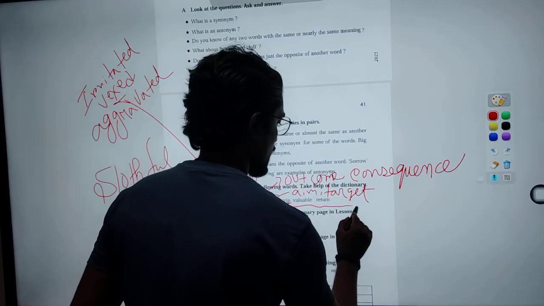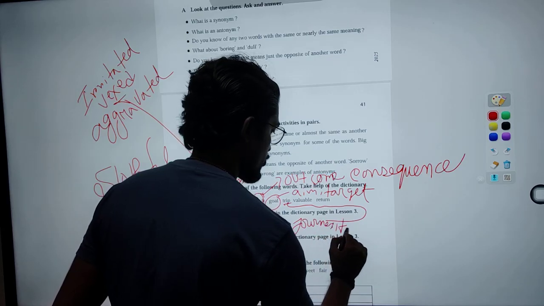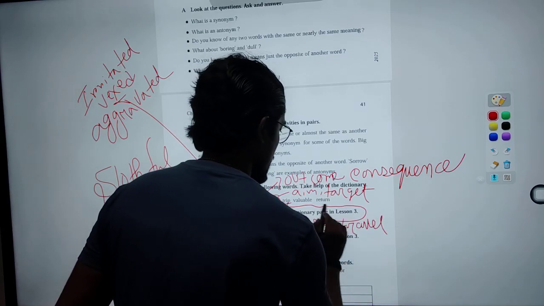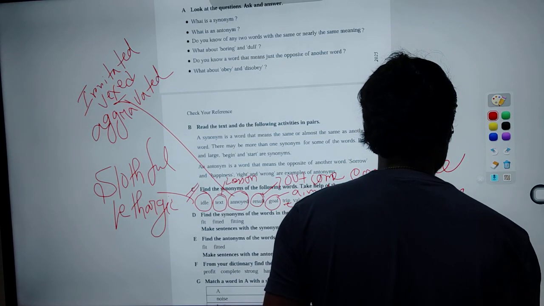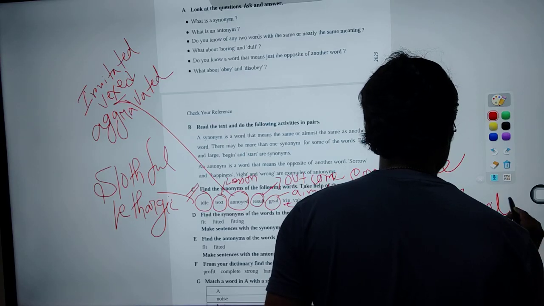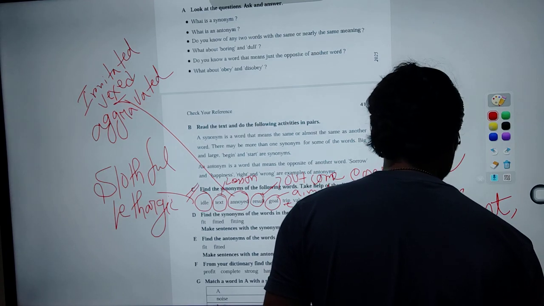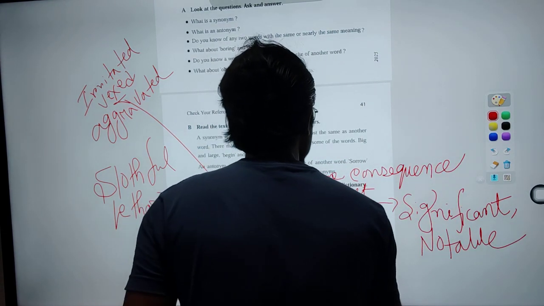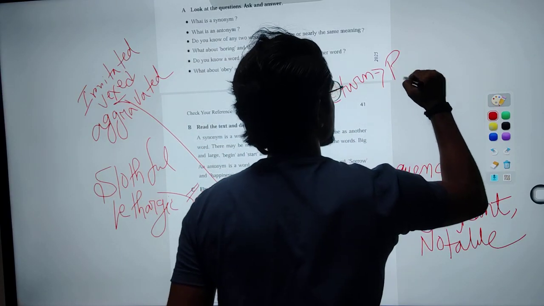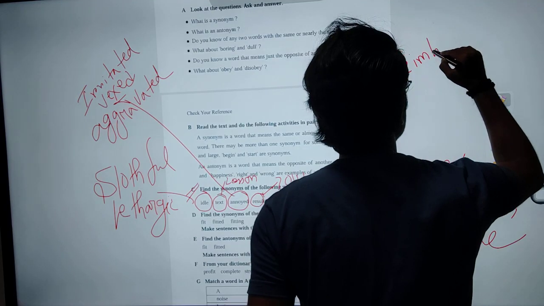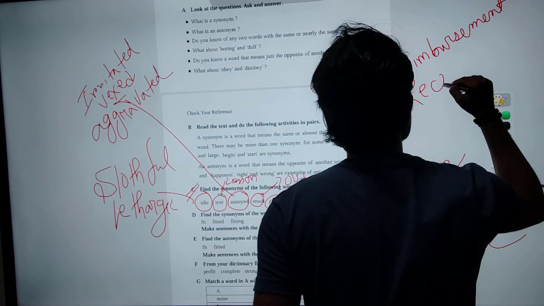Trip, journey, or travel. Valuable, significant, notable or noteworthy. You can write anything. And for reward you can write reimbursement or recompense.